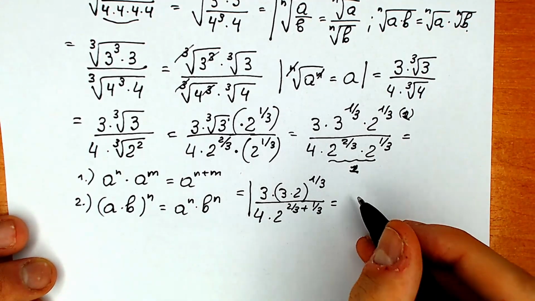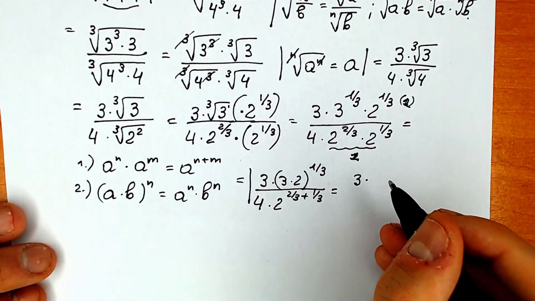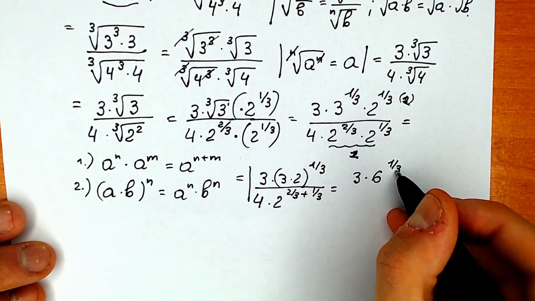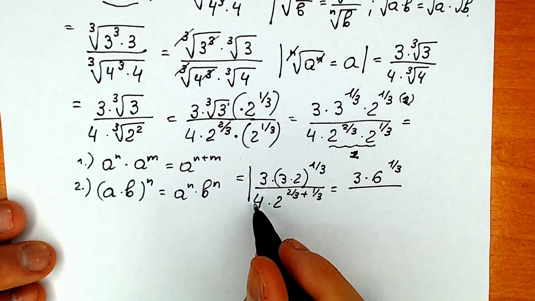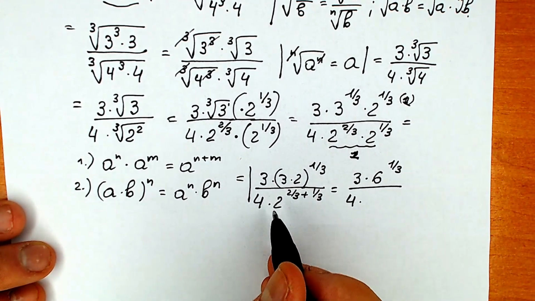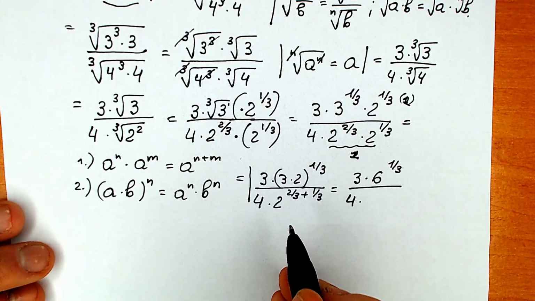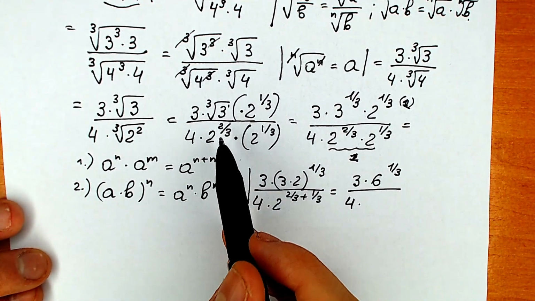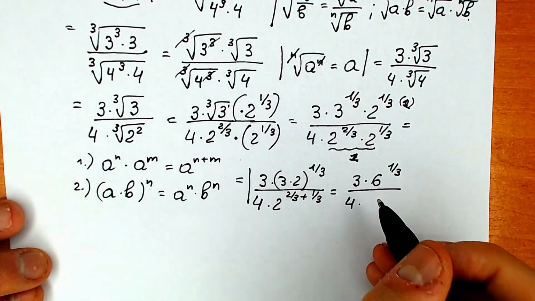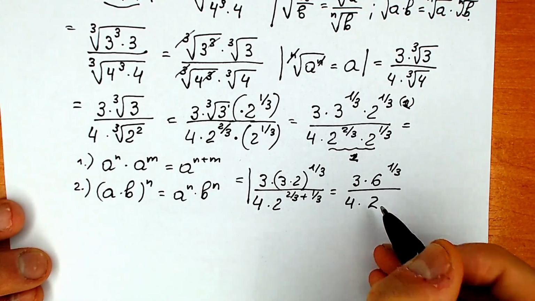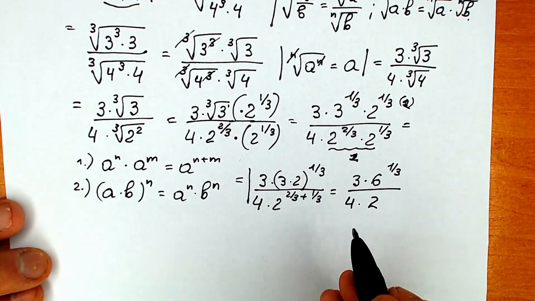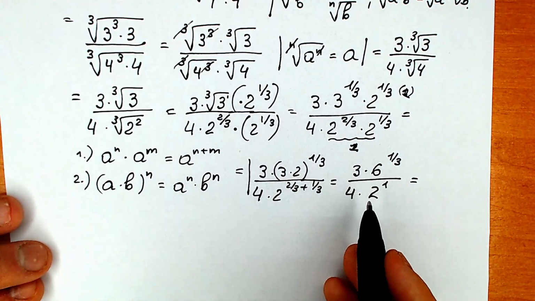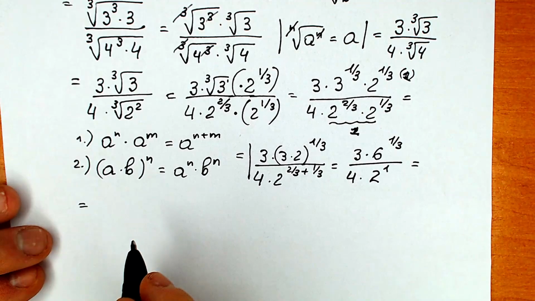Of course, that's why I multiplied by 2 to the power 1/3, because I need 1 in our power. So we have 2 to the power 1, because 2/3 plus 1/3 equals 1. And the final tricky move: 4 times 2 equals 8, so in our denominator we have 8.